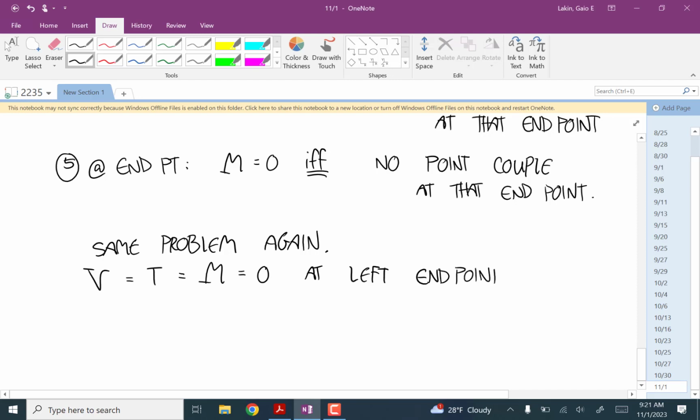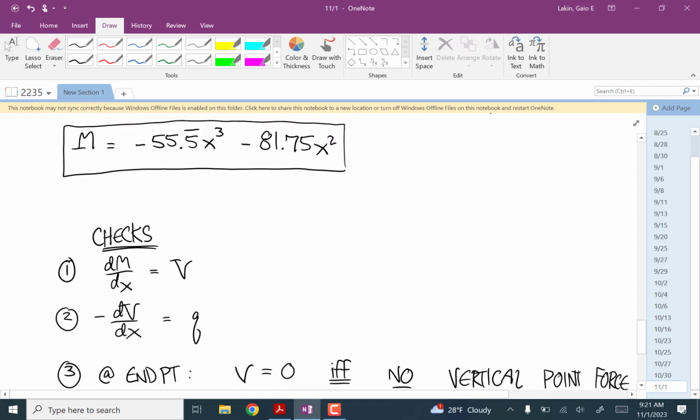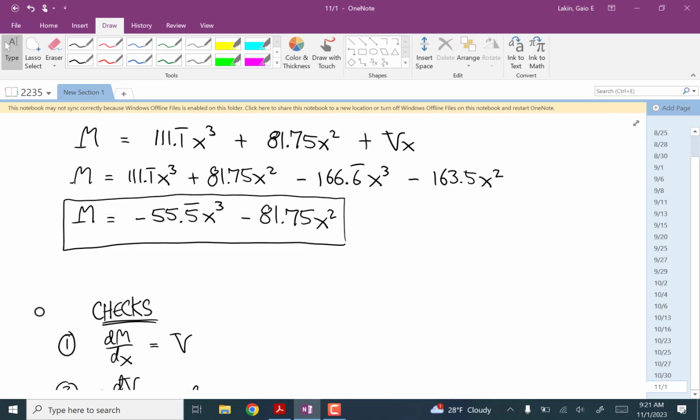I said that the difficulty of, if we have these derivative relationships, why wouldn't we just integrate up from the distributed load to the shear force and then integrate that up to the bending moment? The difficulty is boundary conditions, constants of integration that you get.